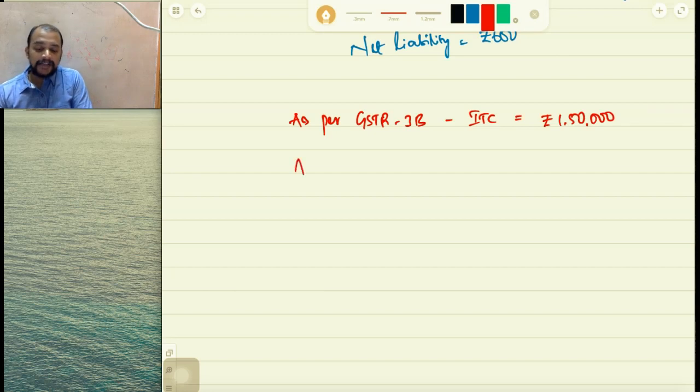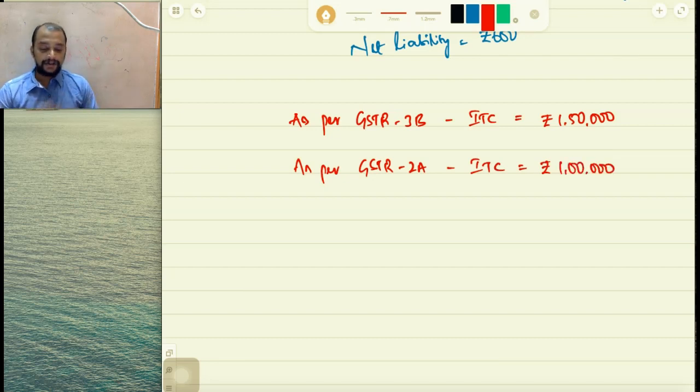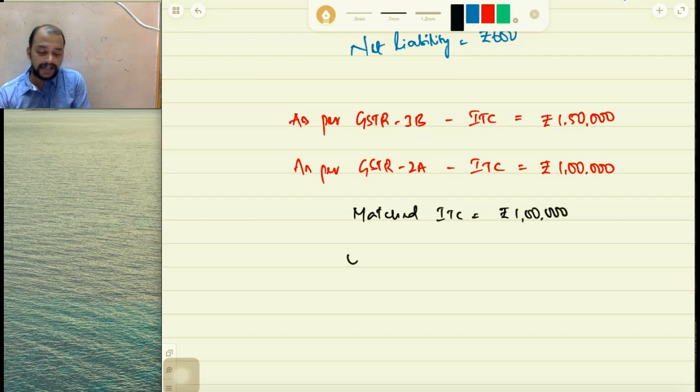Then as per GSTR 2A, ITC is rupees 1 lakh. Now, what is the matched ITC and unmatched ITC? Matched ITC is rupees 1 lakh. And unmatched ITC is rupees 50,000.